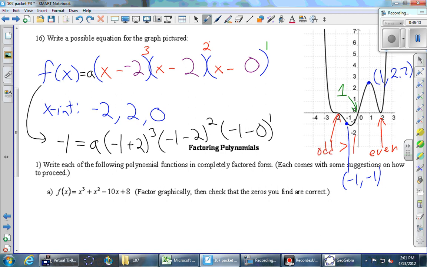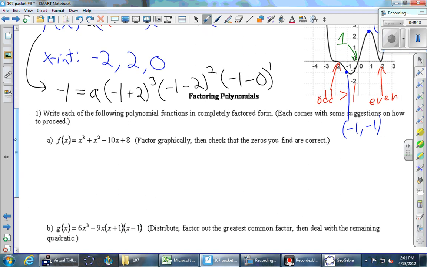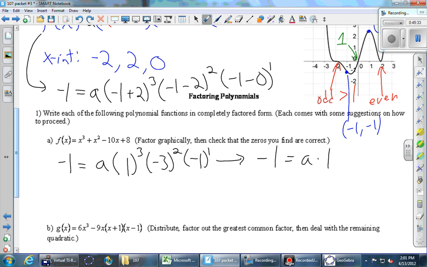And then there's a little arithmetic to do. I got negative 9A on the right-hand side when I did everything out. Then we divide both sides by negative 9. How much is A? 1/9.